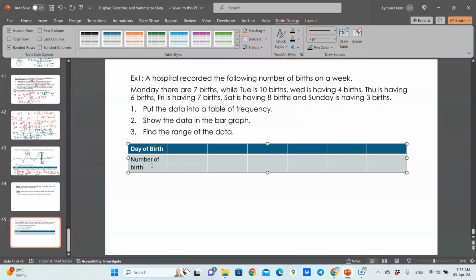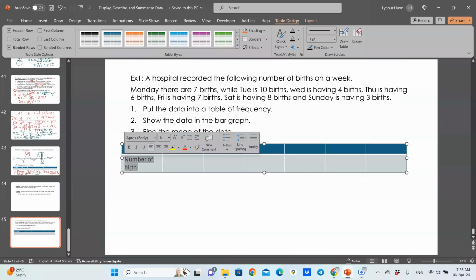We cannot put the question in here. For example, if you put the question here, how many births, and then your mentor will be like, I will answer this one. Do you get it?